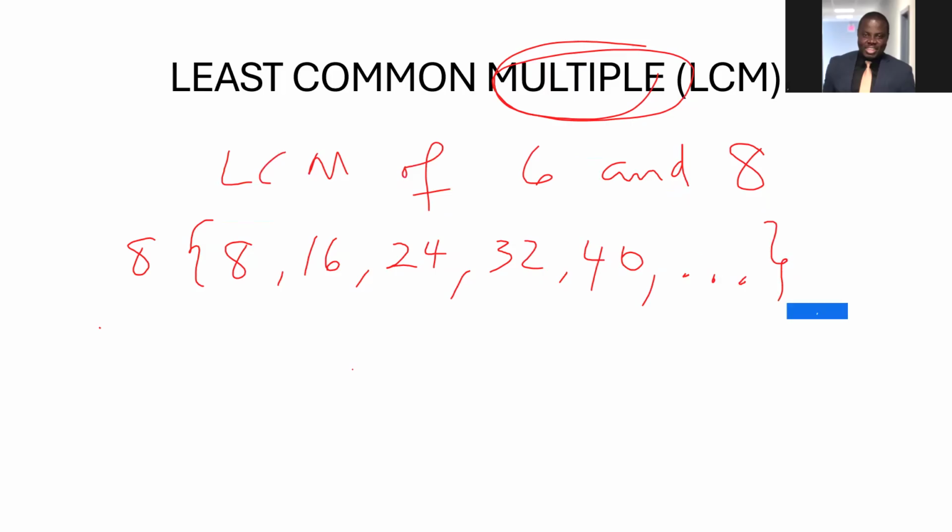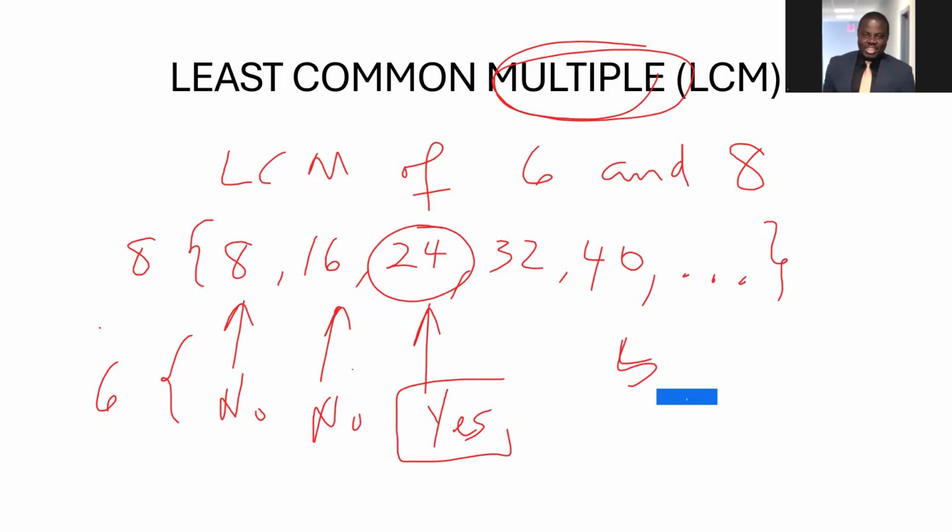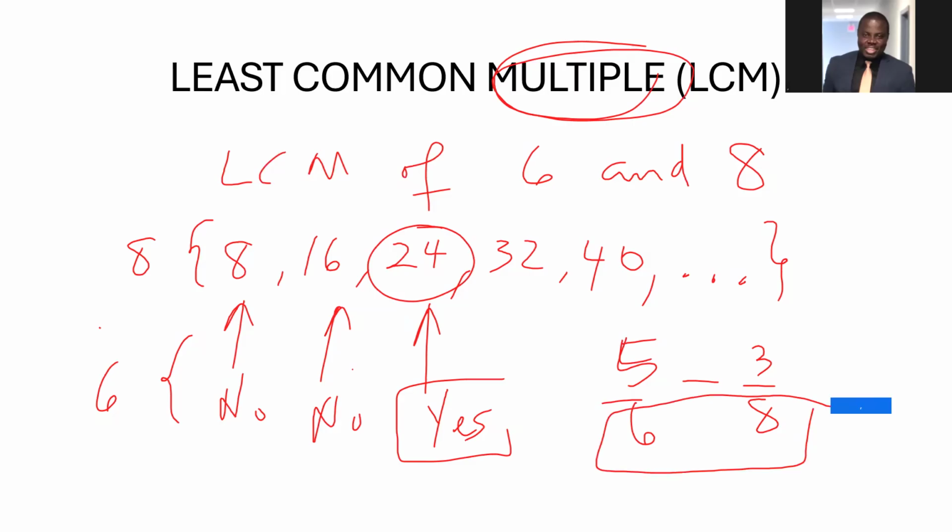If you want to, you can do the same for 6, but you don't have to. You could just start comparing. Is 8 a multiple of 6? Nope. Is 16 a multiple of 6? Nope. Is 24 a multiple of 6? Oh, yes. So 24 becomes the least common multiple. So if I had fractions like 5 over 6 minus 3 over 8, then the least common denominator is going to be 24.